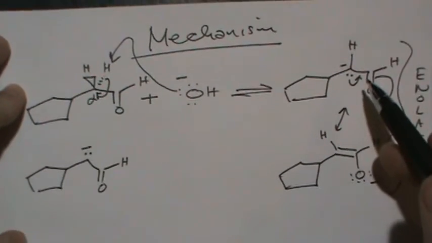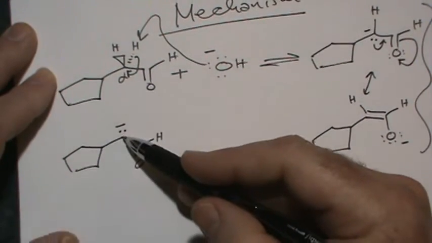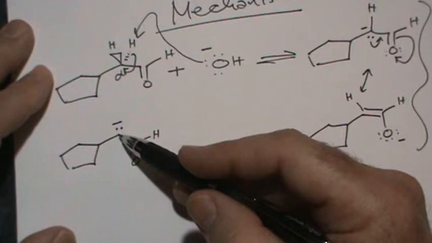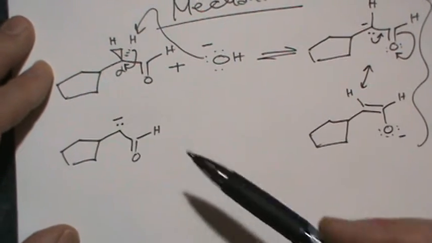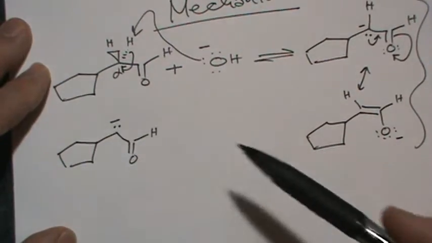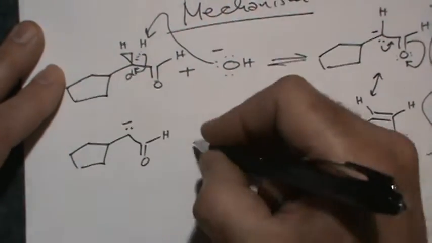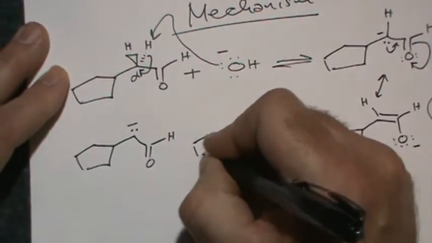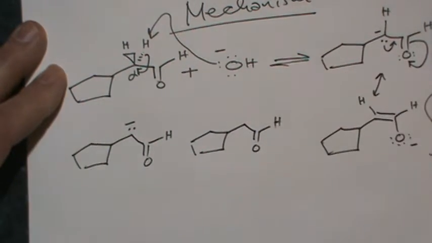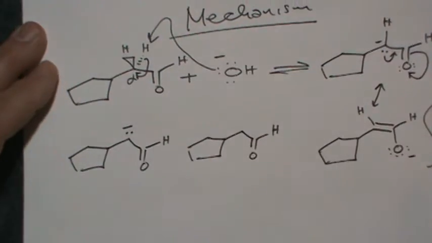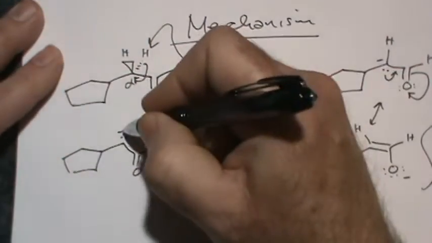That would be the same as this resonance form up here. We know that the carbon is going to be the nucleophilic atom in the aldol condensation, so I'm going to show the resonance form where the lone pair and the negative charge is at carbon, and I'm going to allow that to react with the neutral aldehyde. They're at equilibrium, so both are present at equilibrium.